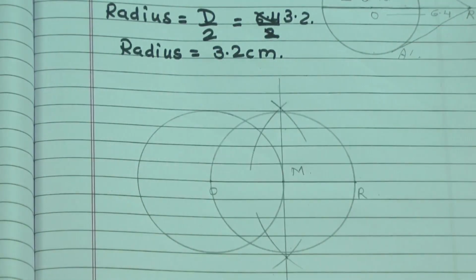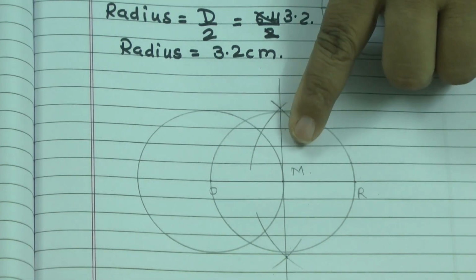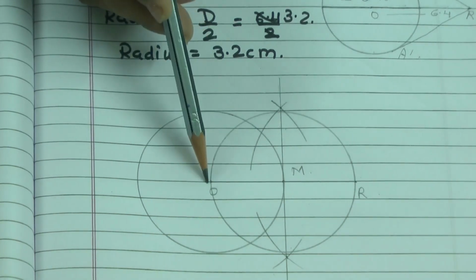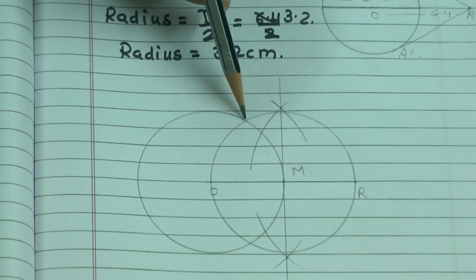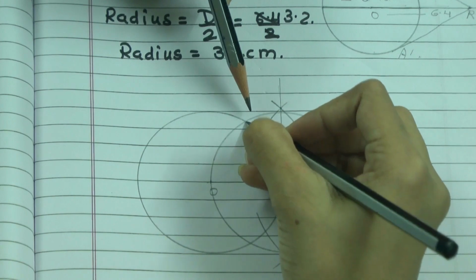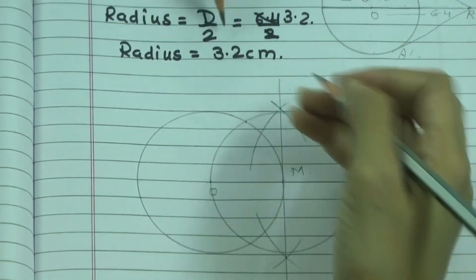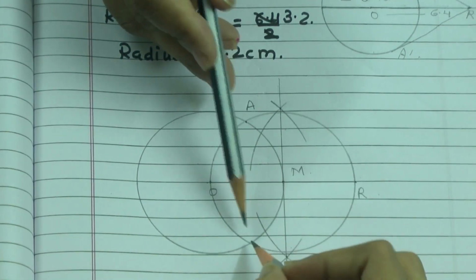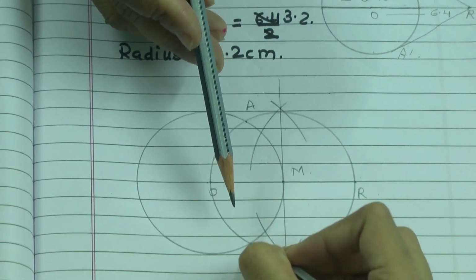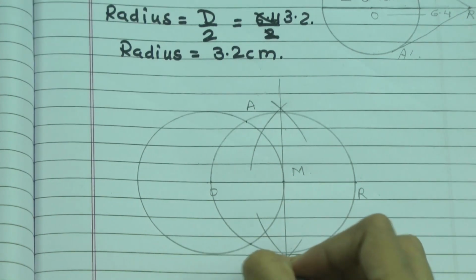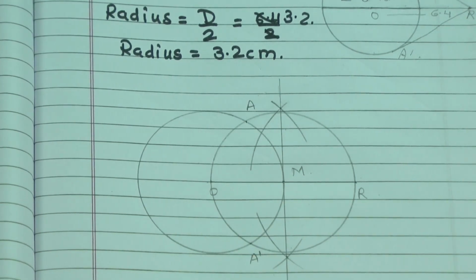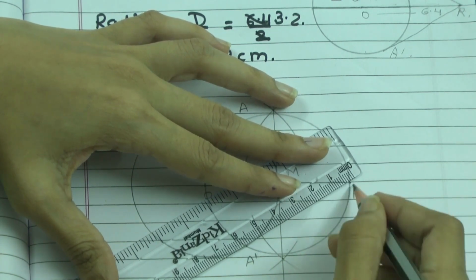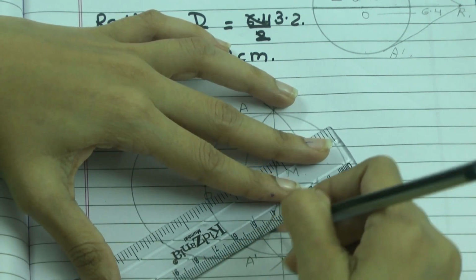Now we see the circle with center M is intersecting circle with center O at this point. Locate this point properly, and below here locate the point as A dash. Now join RA and RA dash. Keep the scale proper. Join RA and RA dash.